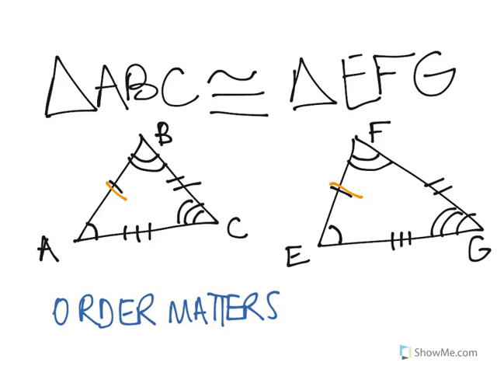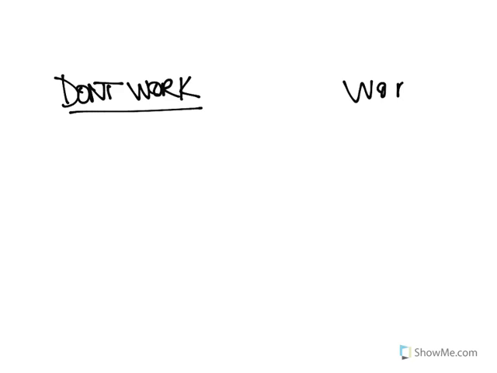Okay? The other thing we learned were the congruence postulates. Now, there are postulates that do not work, so they are not postulates. And then there are postulates that do work. There are 4 congruent angle postulates that we went over in class today.